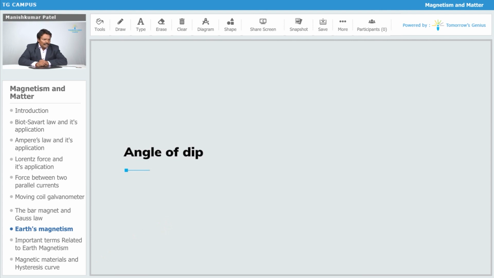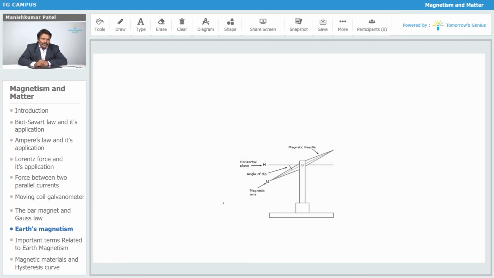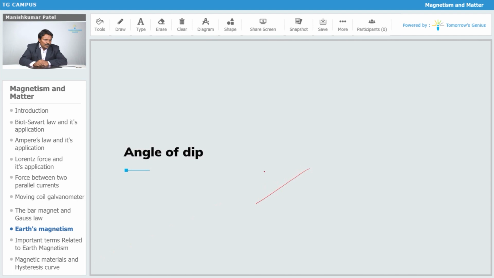For that, you should know the value of the BH component. Again, this is BH, and another one I can show is BV. So let's say this is your BH, this is your BV, and this is your angle of dip, which is delta.